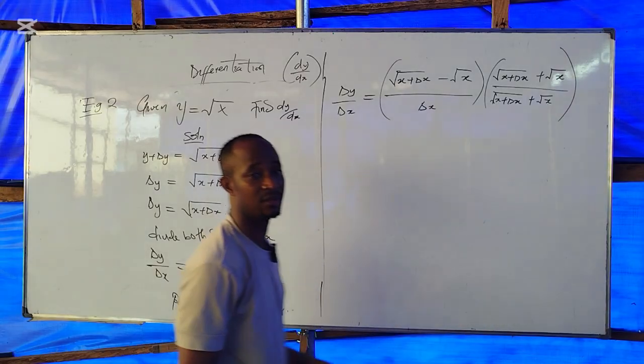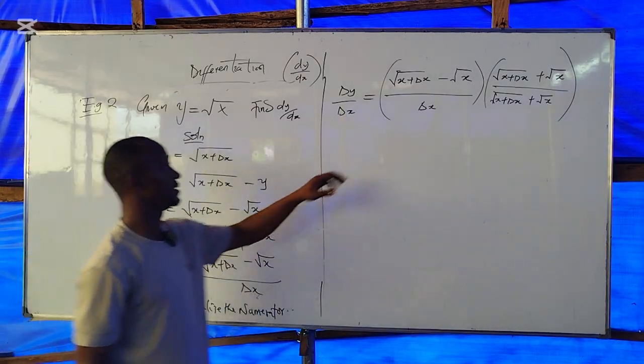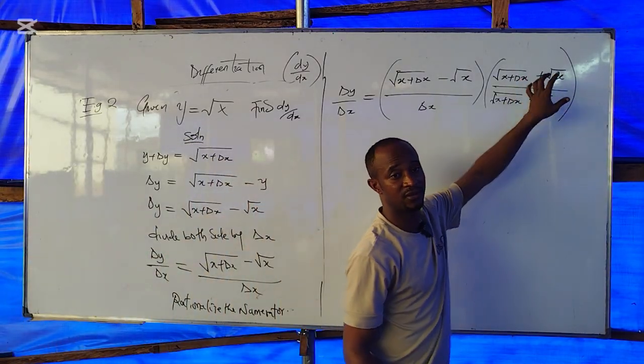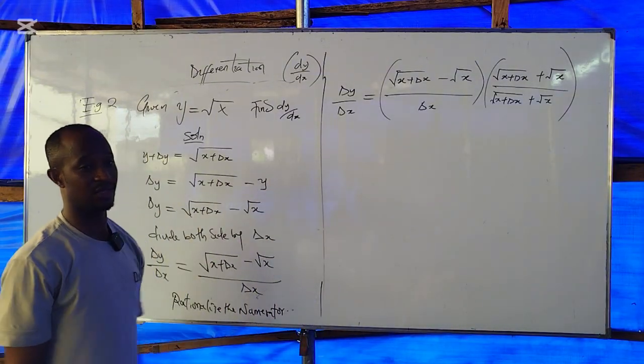Do you get the gist now? The conjugate of this is actually the reverse sign of this function, which is plus, isn't it so?